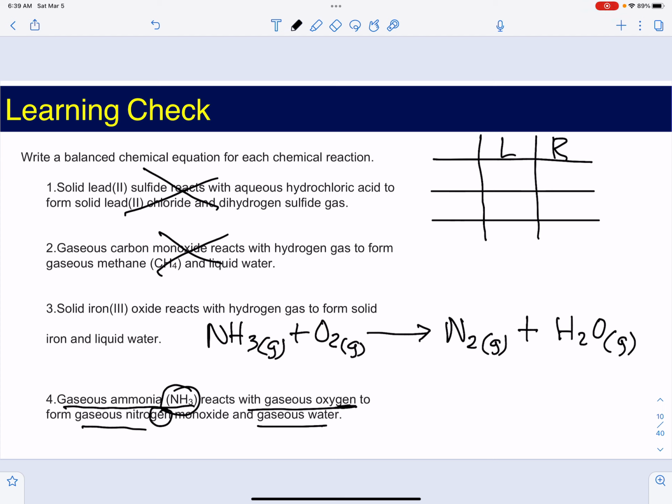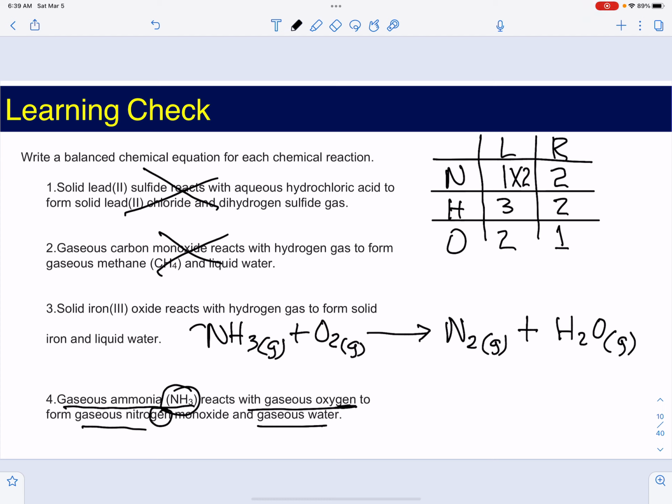Okay, so we're gonna have nitrogen, hydrogen, and oxygen. On the left side, 1 nitrogen, 3 hydrogens, and 2 oxygens. On the right side, 2 nitrogens, 2 hydrogens, and 1 oxygen. So let's begin with the nitrogen. On the left side, we're gonna multiply by 2.